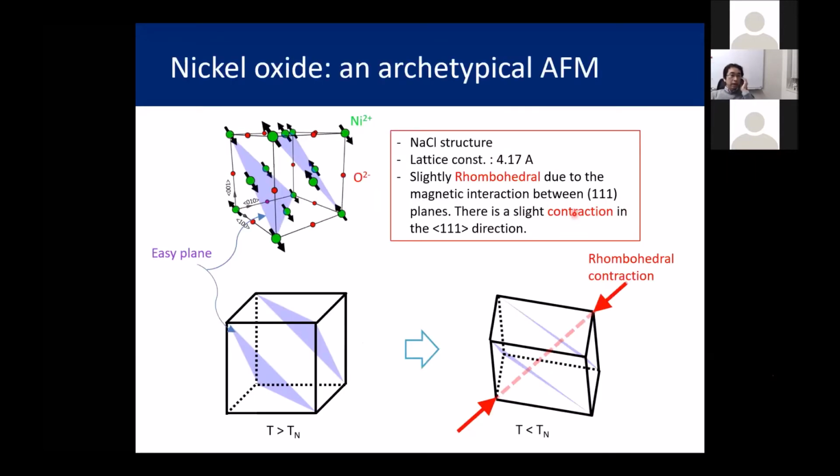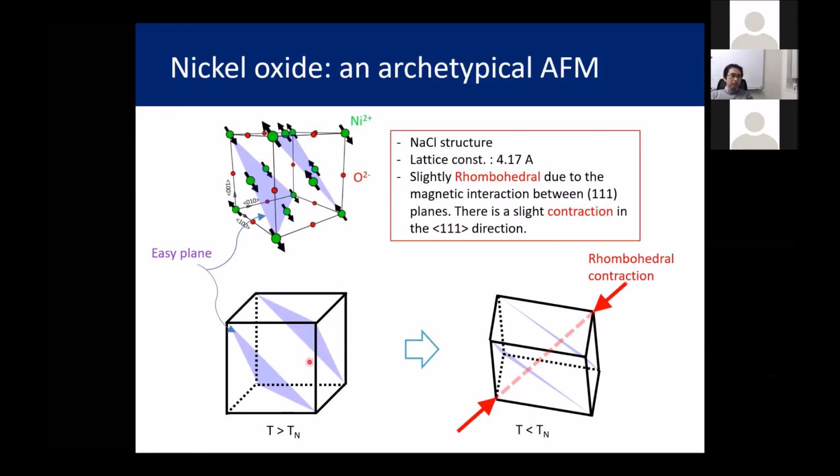First, nickel oxide is based on the sodium chloride structure. The magnetic moments are basically on the nickel ion sites. The magnetic moments lie in the 111 plane, and this magnetization is antiferromagnetically coupled to the neighboring 111 plane.